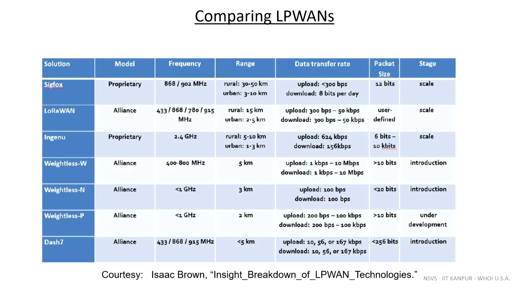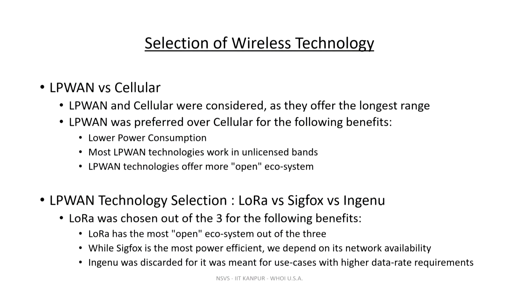The solutions were like Sigfox, LoRaWAN, Ingenu, Weightless-W, Weightless-N, Weightless-P and Dash7. So many systems we considered, their ranges we noted down, and finally we could see that one of them, LoRaWAN, is very much suitable for our particular design.